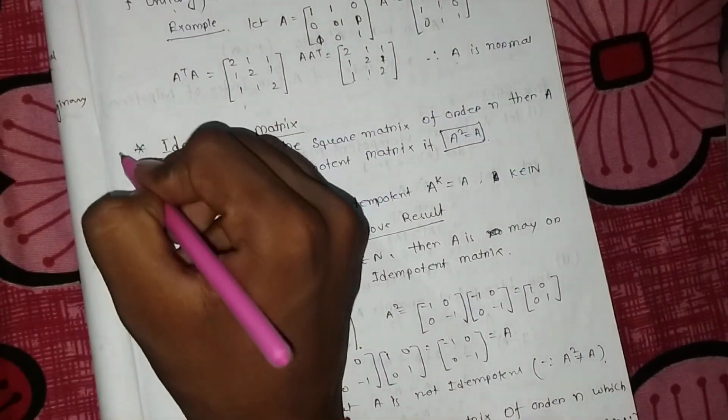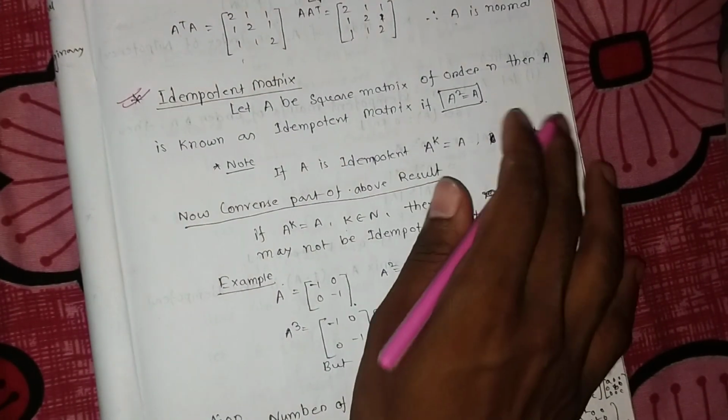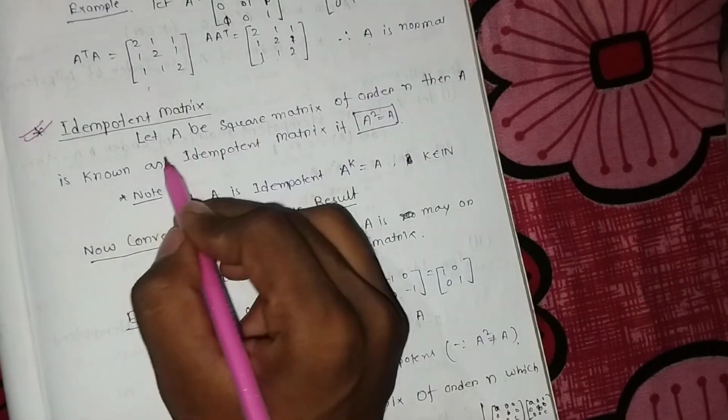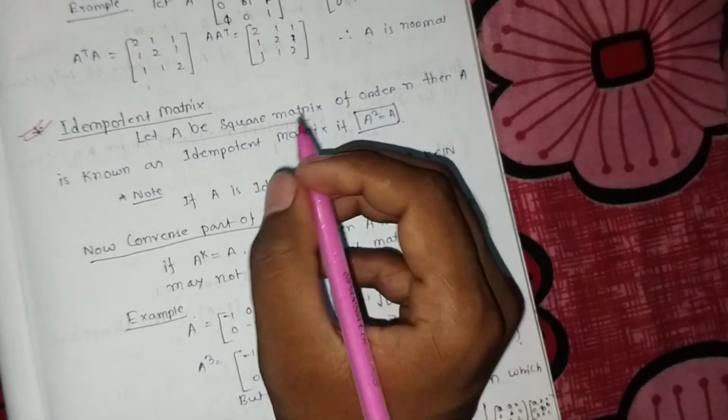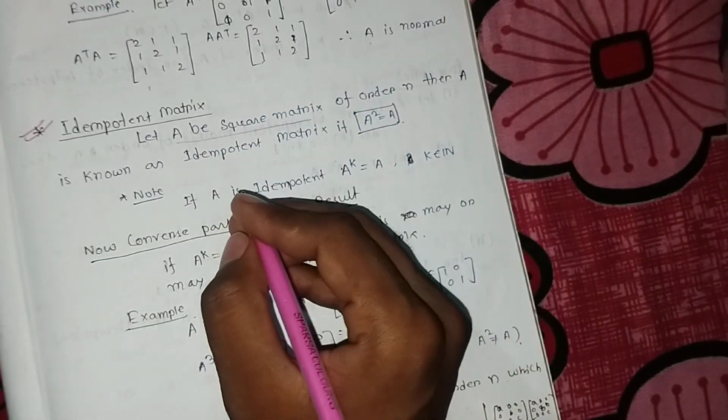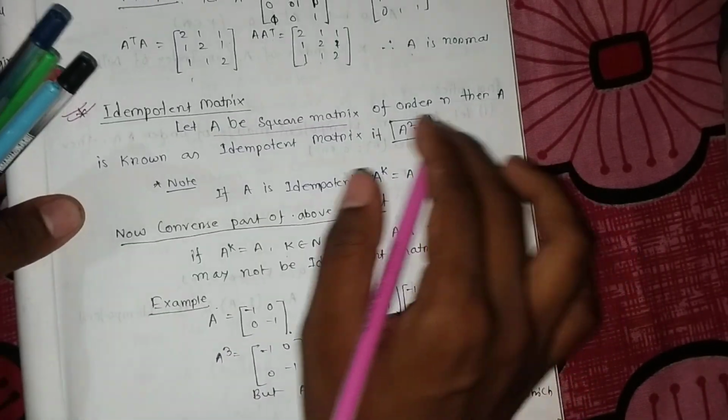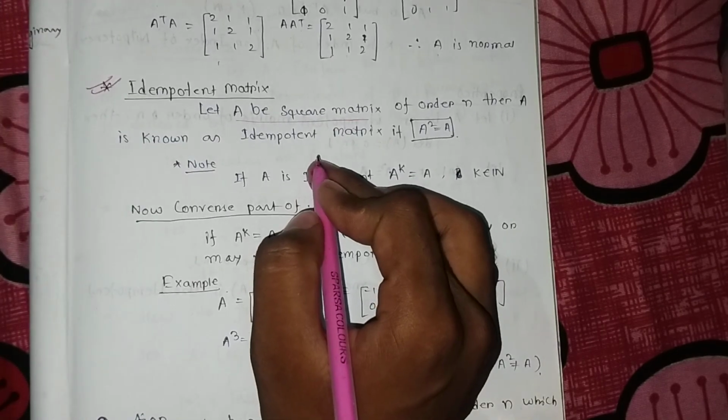Next is the idempotent matrix. What is an idempotent matrix? Let A be a square matrix. You have to take note, more than 95% of the questions on matrices come from square matrices.